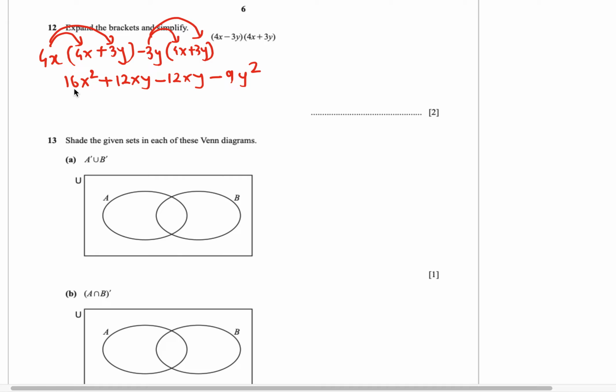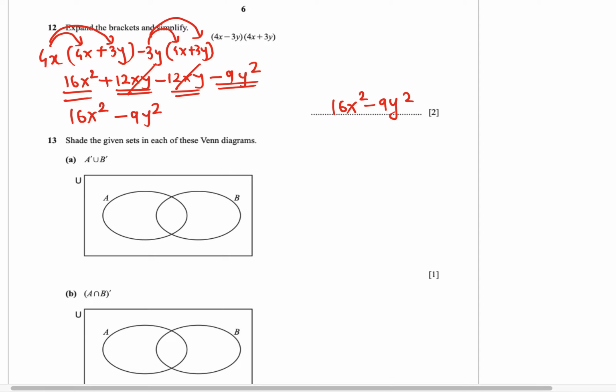Now see, 16x square, is there any other x square term? No, there is no other x square, so I'm going to write it as 16x square. 12xy and minus 12xy are equal and opposite, they get cancelled. So now what remains? Only minus 9y square. So this is my final answer, 16x square minus 9y square.